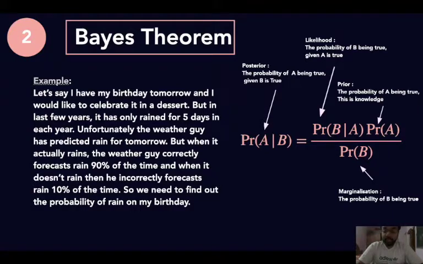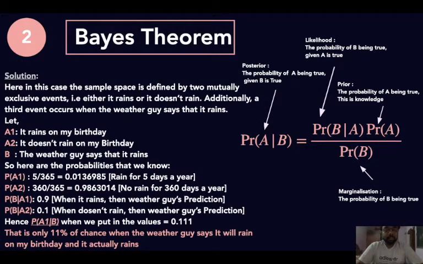So we need to obviously find the probability of rain on my birthday. So let's denote the A1 event as it rains on my birthday and A2 as it doesn't rain. And then there will be an event B in which the weather guy says that it rains. So now obviously the probability of raining on my birthday would be 5 upon 365, and obviously not raining would be 1 minus this.